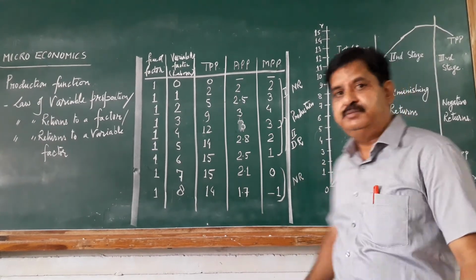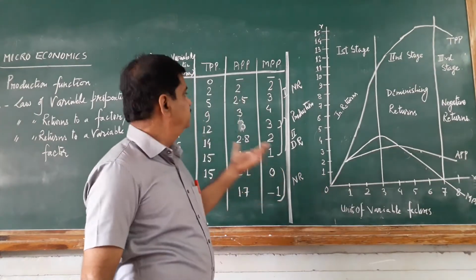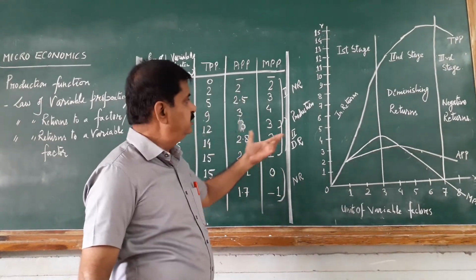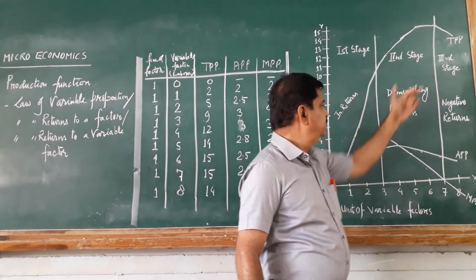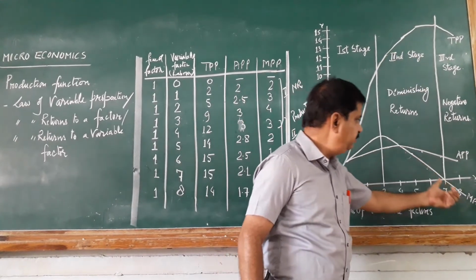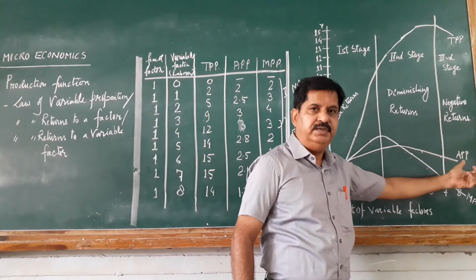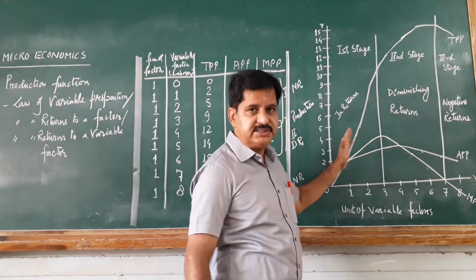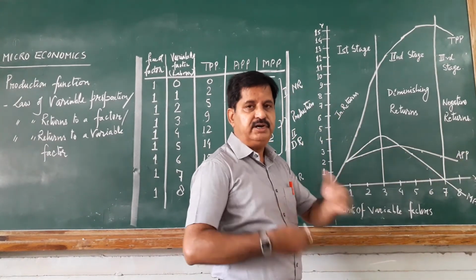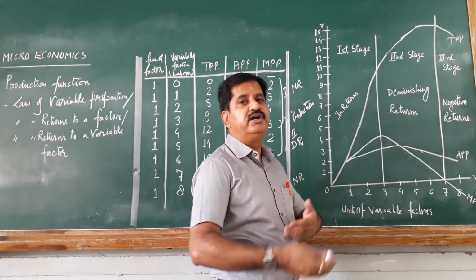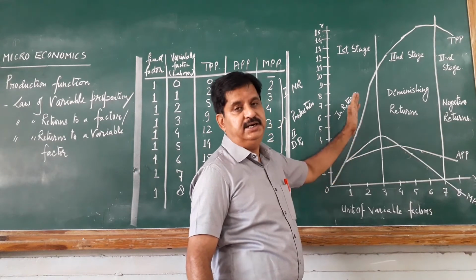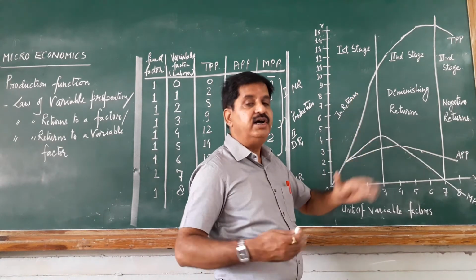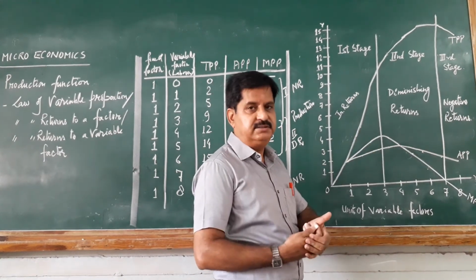When we draw this diagram by using this schedule, we see this is the TPP, this is MPP, and this is APP. See that in the first stage, when we were going on hiring one and more workers, the total production increases at increasing rate. It increases faster than the previous one.